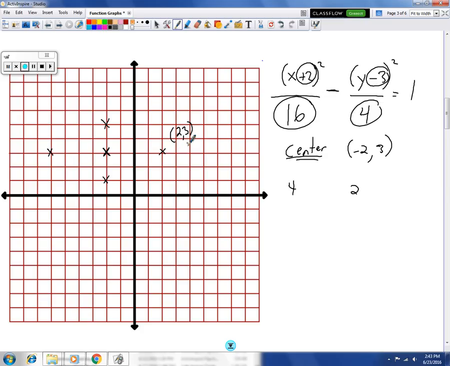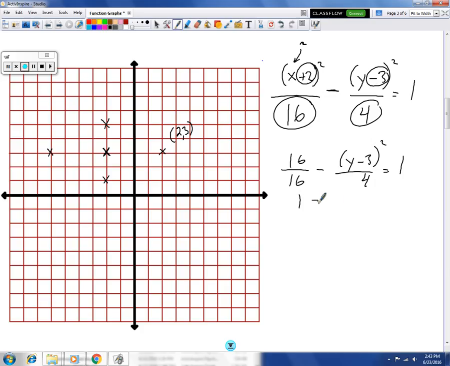When I plug in 2 for x, 2 plus 2 is 4. 4 squared is 16. 16 over 16 is 1, and we'd still have this.